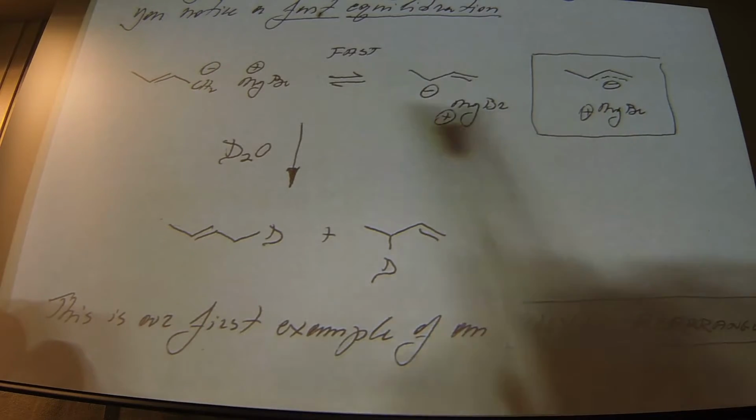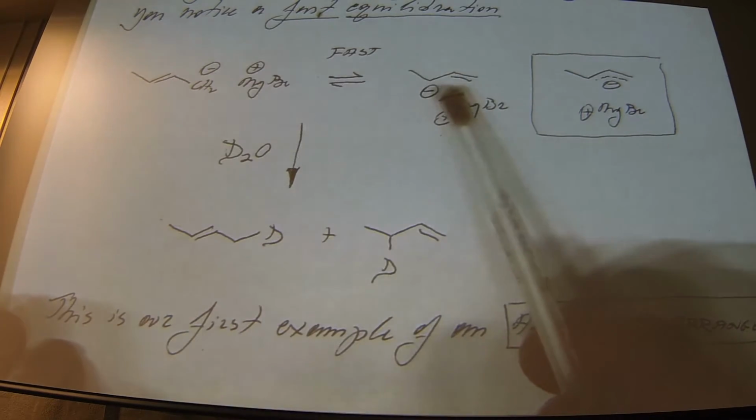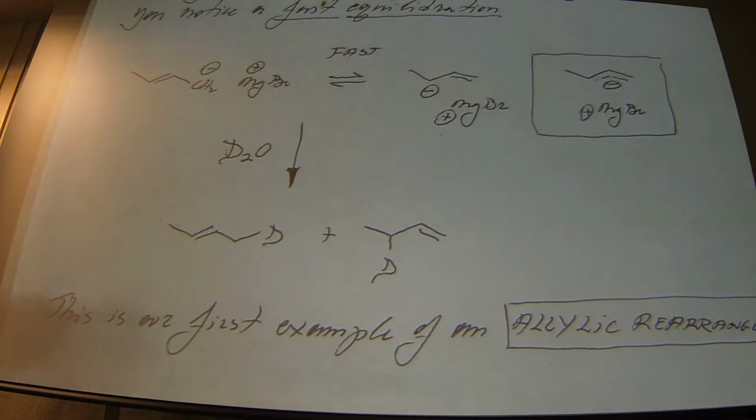What that means is an average of these two structures. Now, one thing to recognize and to not confuse at all is that those two structures, the two Grignard reagents that I've shown up here, those are not resonance structures, okay?